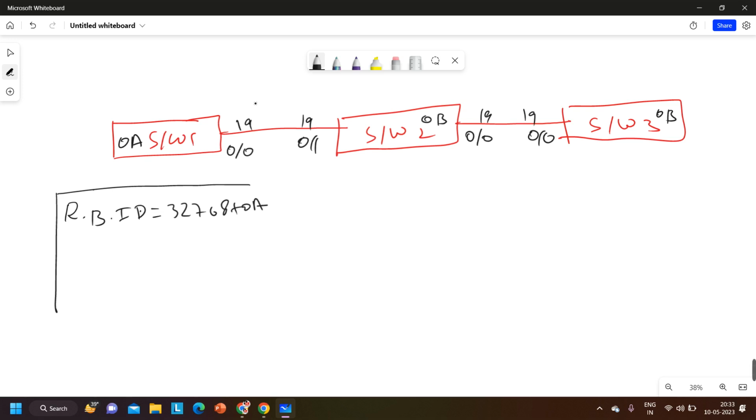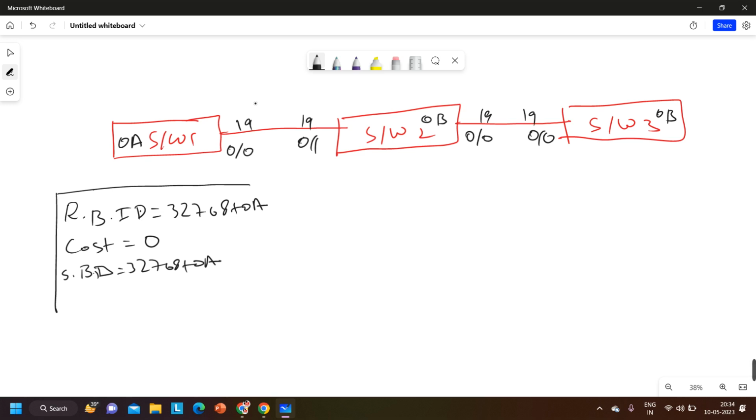After that, there will be information about cost. The cost will be 0, as I told you that the cost to reach the root bridge from the root bridge will always be 0. After that, there will be the sender bridge ID, which will be the same, 32768 plus 0A.